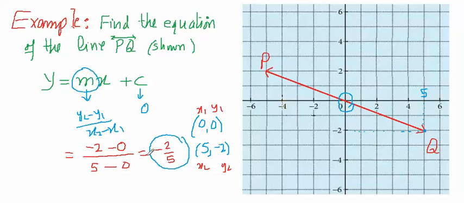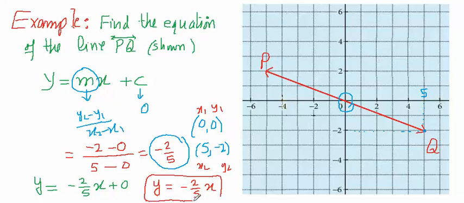So we got that y is equal to m, which is -2 over 5, x plus 0. Usually plus 0 we don't write, so the final equation of this straight line will be y is equal to -2 over 5x. So this is the answer of this example. I hope it is clear.